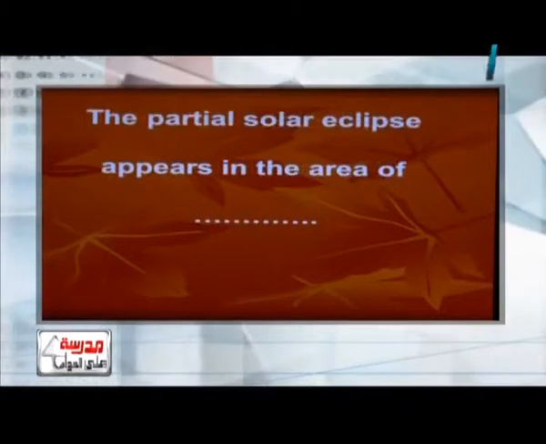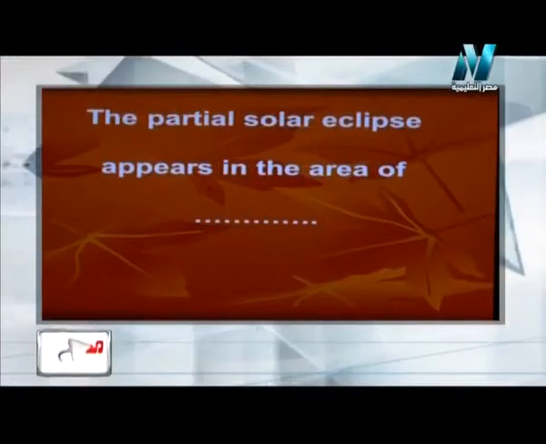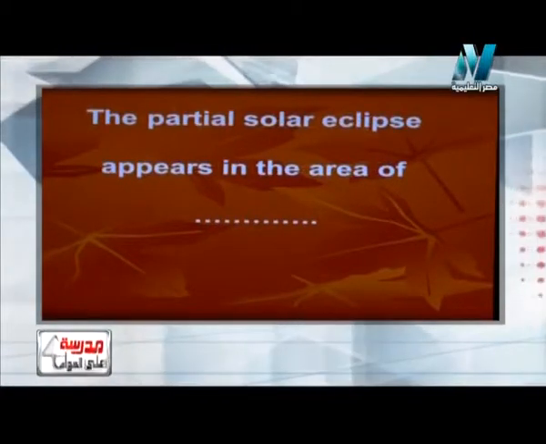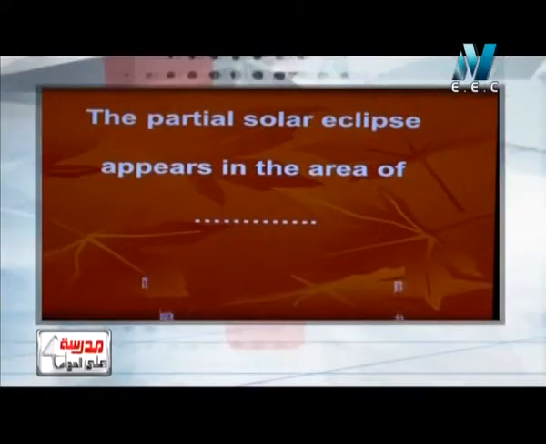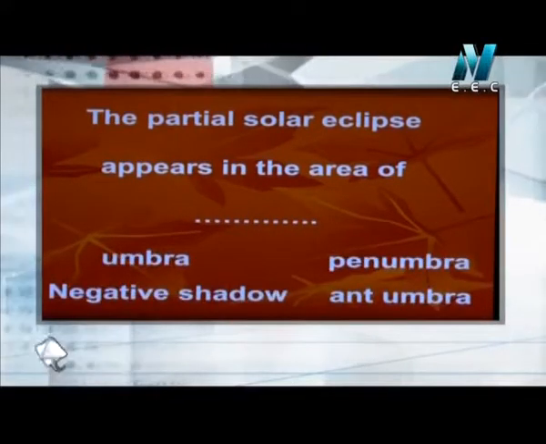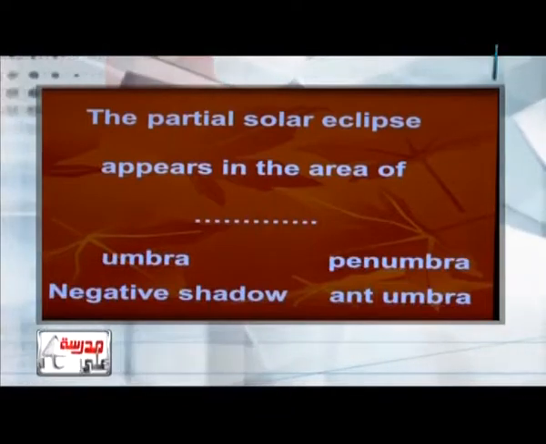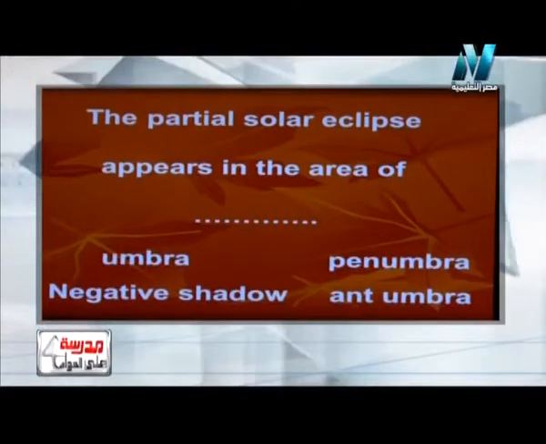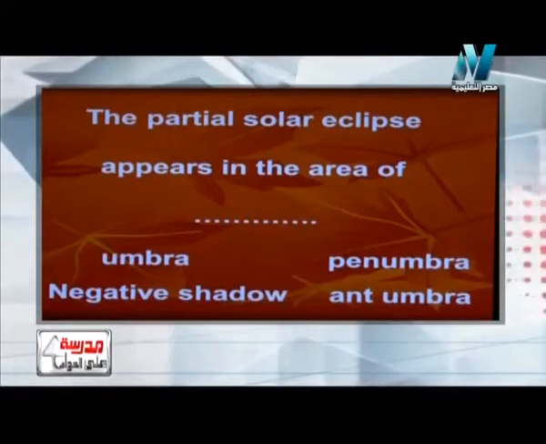Another question. The partial solar eclipse appears in the area of umbra, penumbra, negative shadow, or umbra. Surely partial eclipse occurs in the area of penumbra.